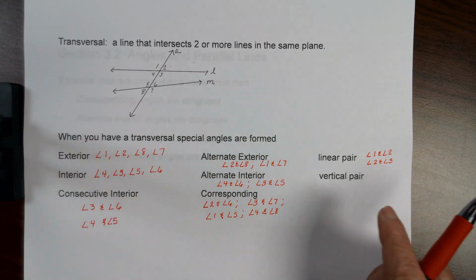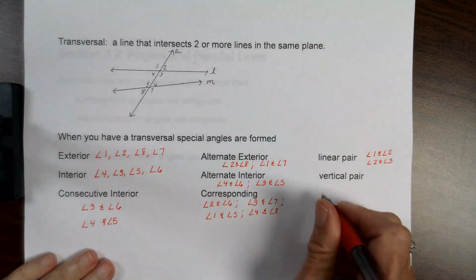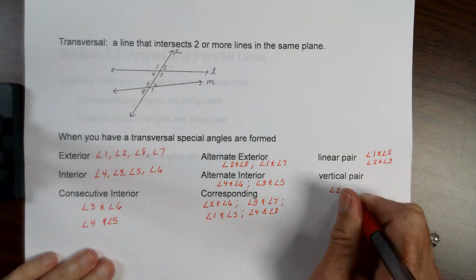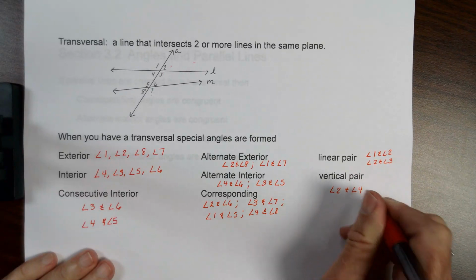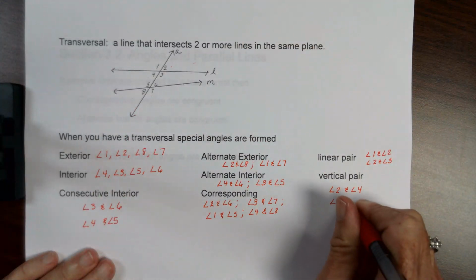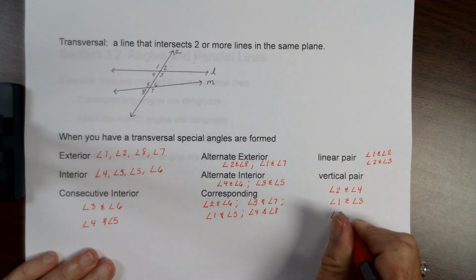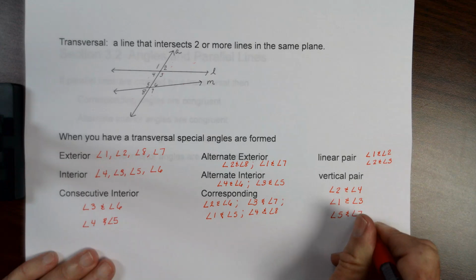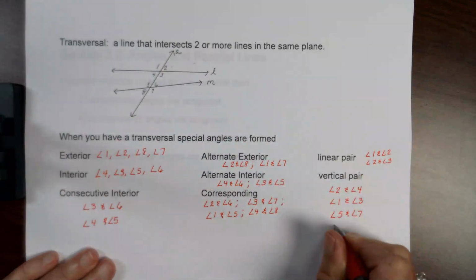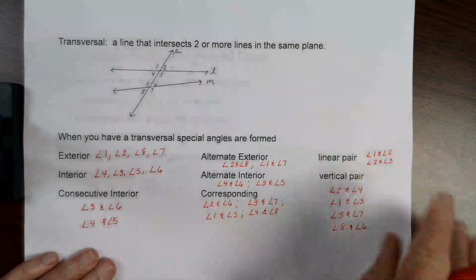Vertical pairs are angles that are formed by two intersecting lines. So angle 2 and angle 4 are vertical pairs. Angle 1 and angle 3 are vertical pairs. Angle 5 and angle 7 are vertical pairs. Angle 8 and angle 6 are vertical pairs.